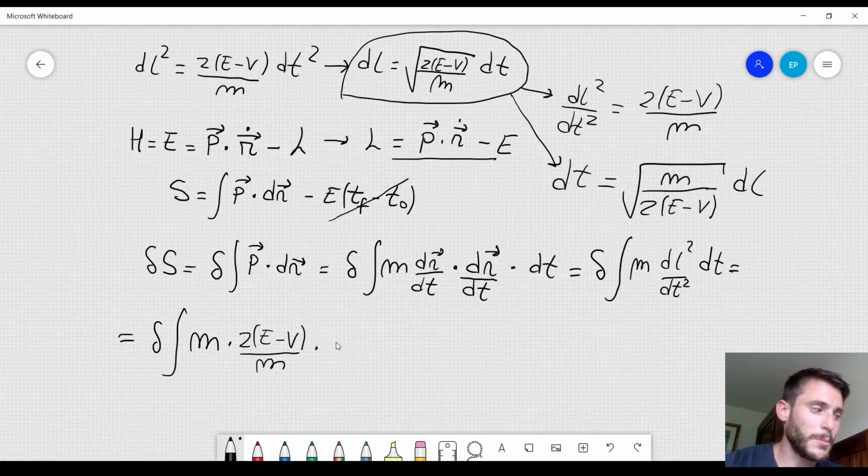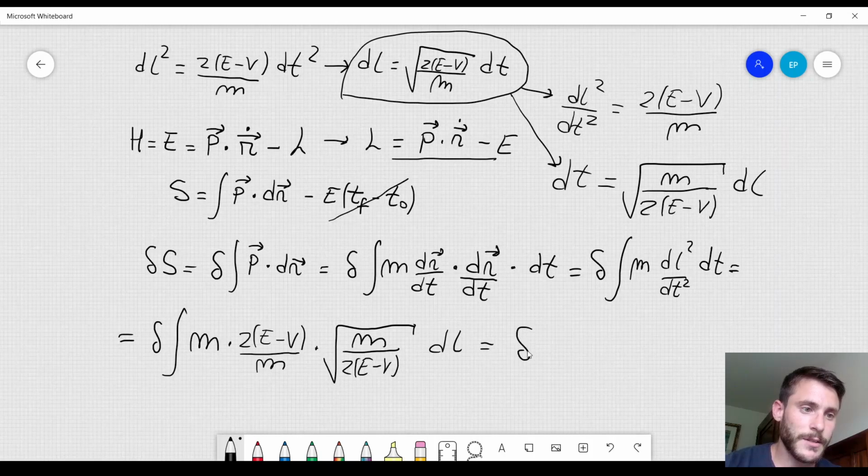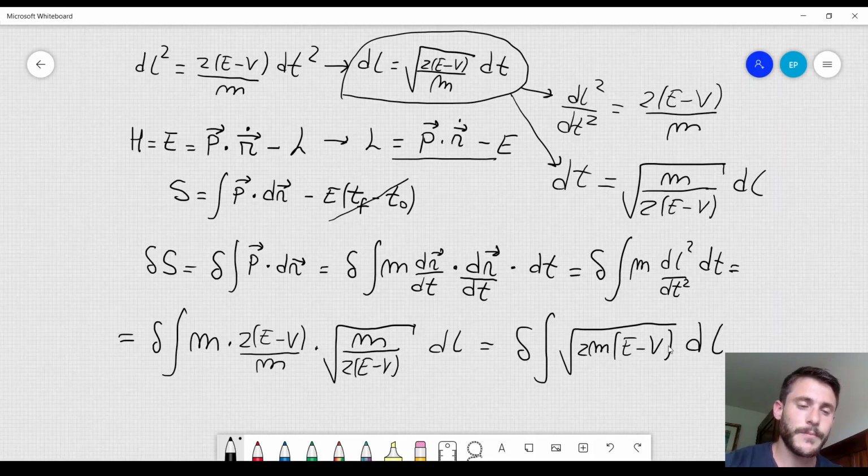And that's what I'm going to put here. So I have square root of m divided by 2 e minus v dl. And I can rewrite this as the variation of the integral square root 2m e minus v dl. And I want the variation of the action to be equal to 0.